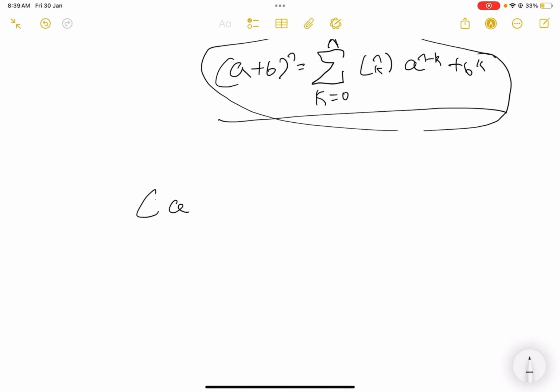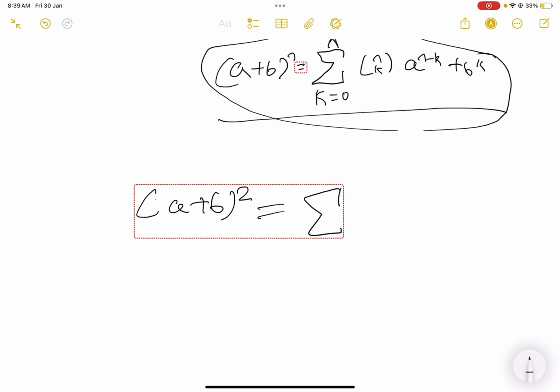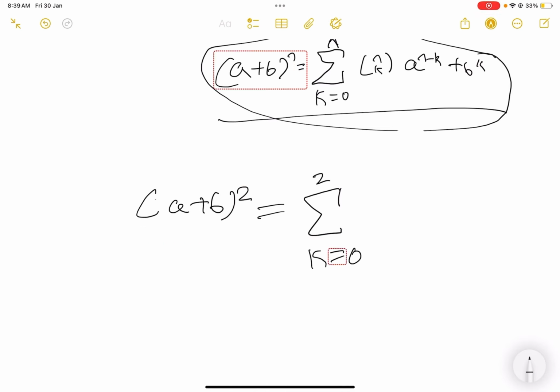(a + b)^2 is equal to this function that adds all of the possible values. n is equal to 2, so we write 2 here.